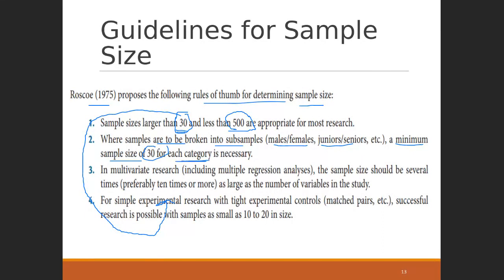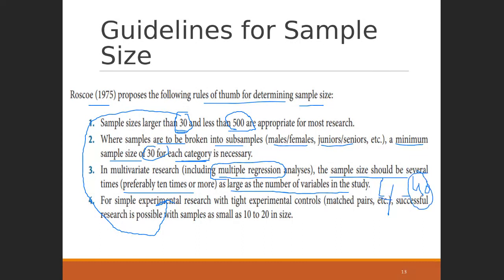If you're doing a multivariate research which includes cause and effect relationship using multiple regressions, then your sample size should be several times, preferably 10 times as large as the number of variables in the study. So it means that if you have 4 variables, your sample size should be around 40.